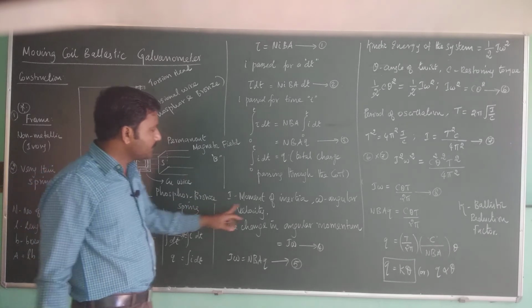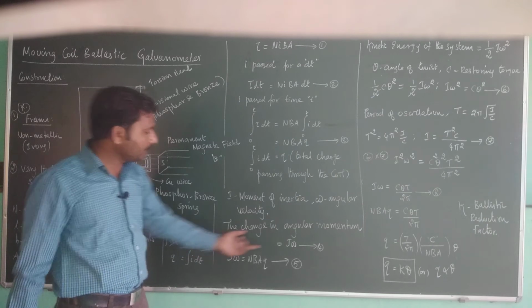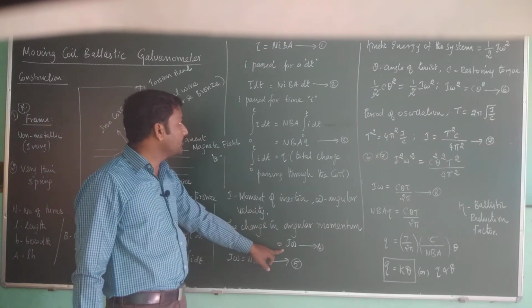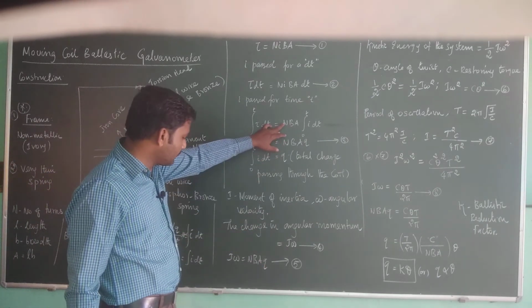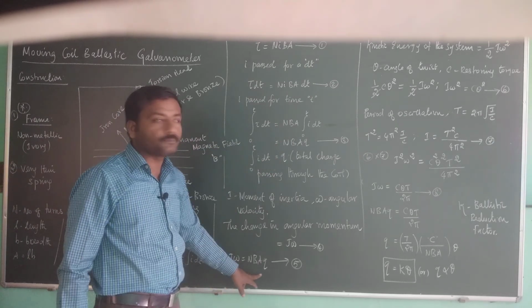Now the change in angular momentum we can write as I omega. Equating this, we get the expression I omega equal to NBAQ.